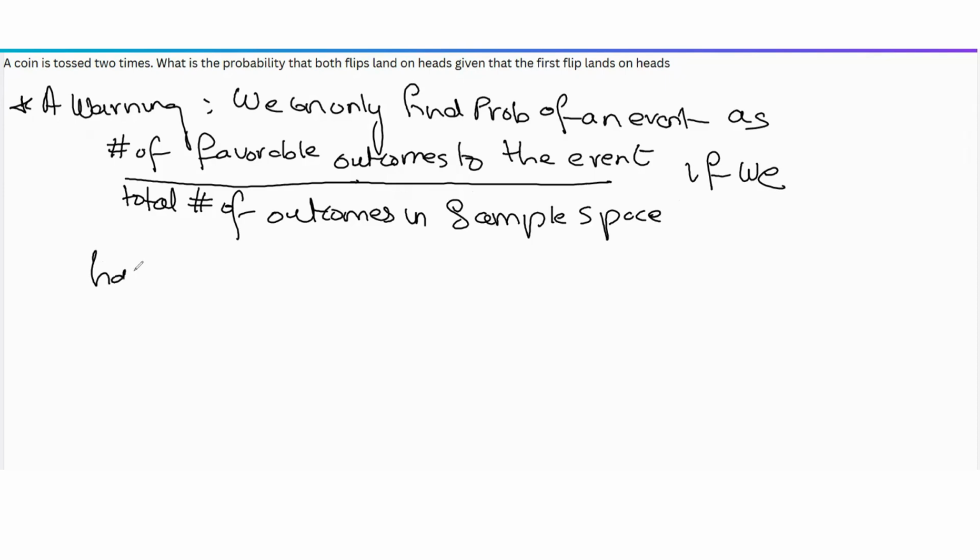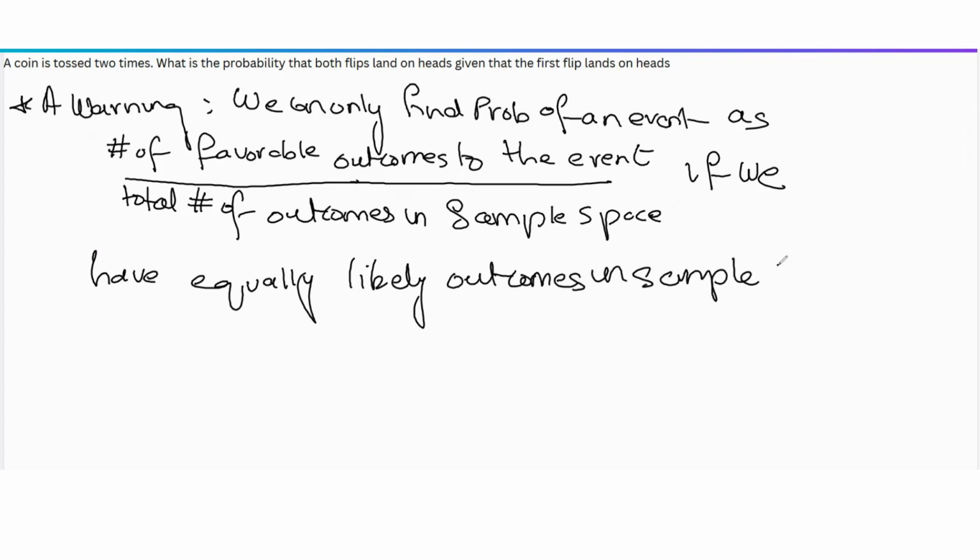And in this question, we did because of the fair coin. So just keep in mind, whenever you're trying to find any probability using the number of favorable outcomes and the number of total possible outcomes, this only applies when you have equally likely outcomes, which you definitely have if you have a fair coin and fair dice.